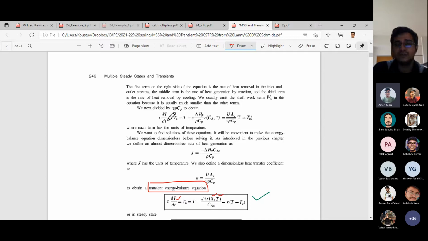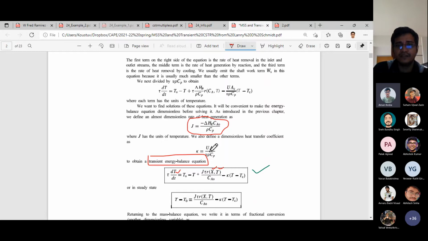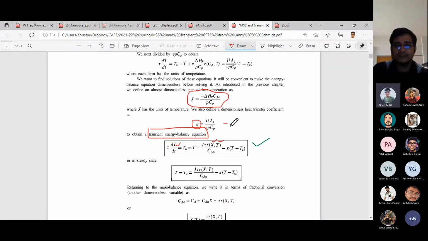This generated a parameter called tau, and this is how it is written. J is basically a dimensionless rate of heat generation, and K is a dimensionless heat transfer coefficient. These two are, as you can understand, nothing but constants.